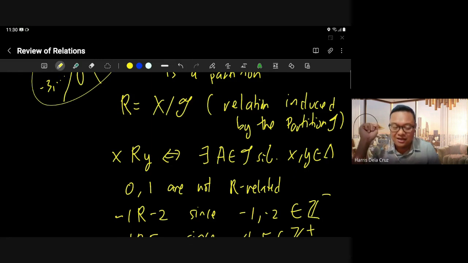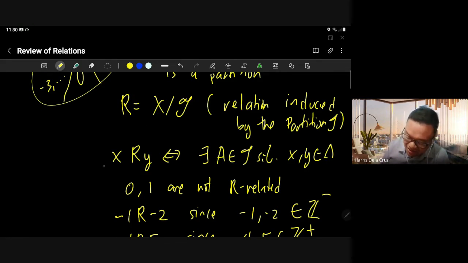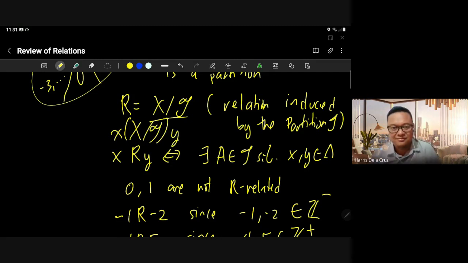So, ang X related to Y using the relation induced by the partition T. So, medyo mouthful na kasi sabihin na X is X over T related to Y. Medyo mouthful. Pero yun nga, ganun nga talaga sabihin siya. So, kung gagamitin mo yung notation na to, X is X over T related to Y. Okay?